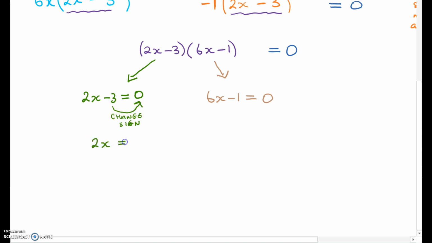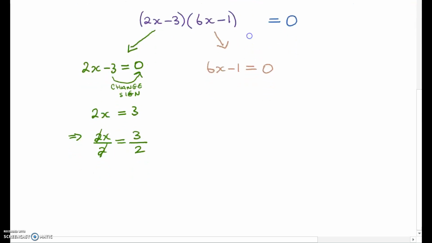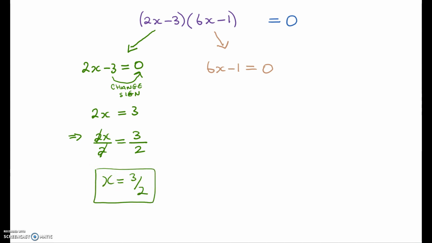So 2x is going to be equal to 3. And now if that's 2x, we just divide by 2. So 2x divided by 2 is equal to 3 over 2. So 2's cancel. And you're left with x is equal to 3 over 2. That's one of our answers because we've got x on its own.